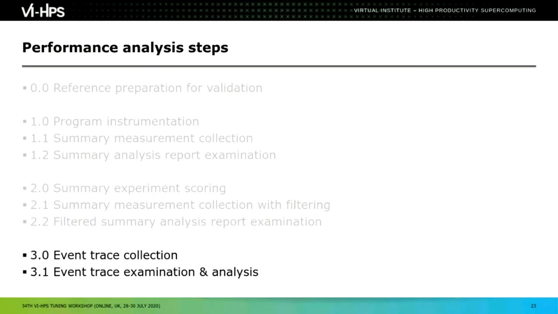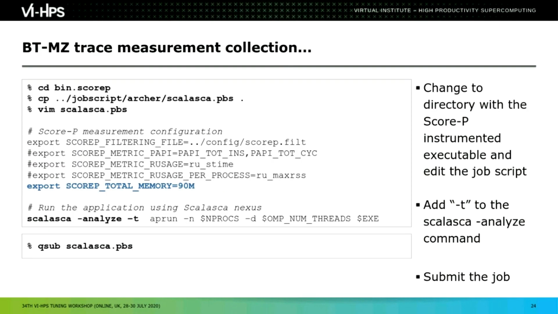So far so good, more or less revision of what we saw earlier, but now we're ready and in a position to quickly move on and do event trace collection and analysis. I'm going to go back into the same job script which we were looking at before.